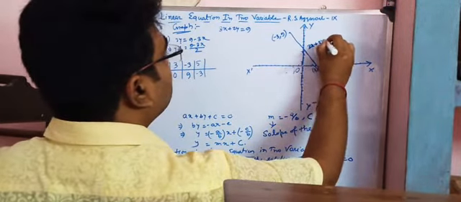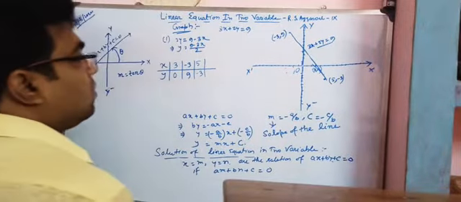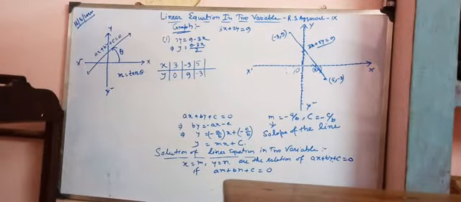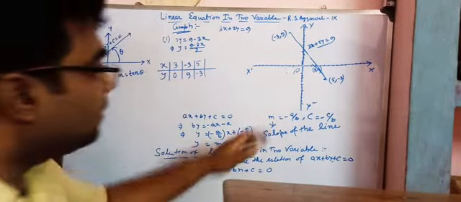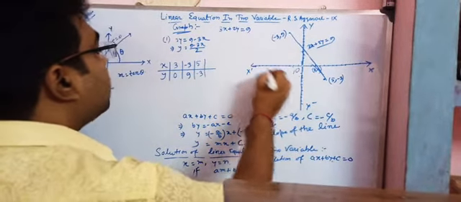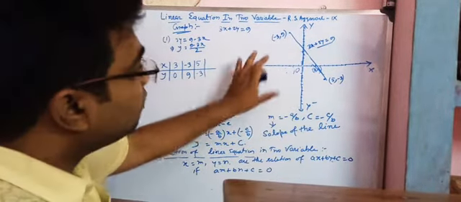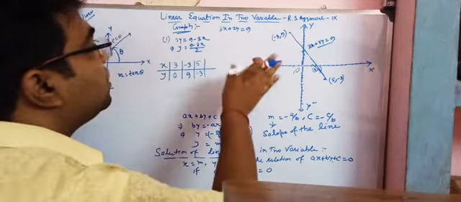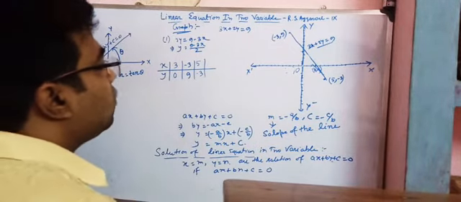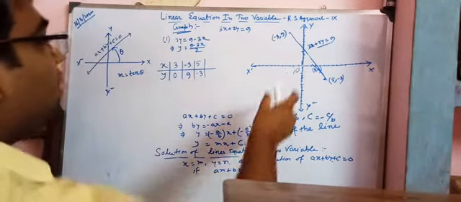Hope you have understood. Since I have no graph paper, I am using the board only to show this solution, how to draw. You have to draw this in graph paper.